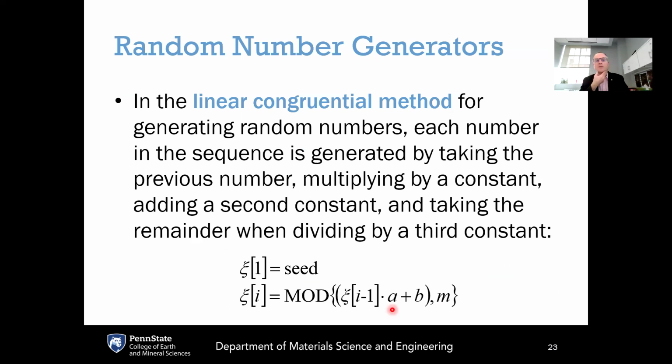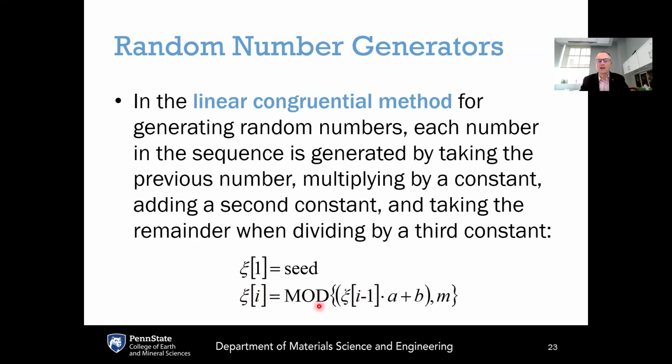A common method for generating random numbers is called the linear congruential method. In this case, we start off with our seed. So this C here is our initial seed, and we're going to generate a sequence of random numbers based on that seed. We take that seed, or the previous number in that sequence, and we generate the new number here.